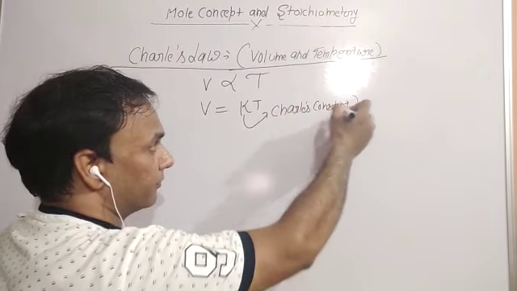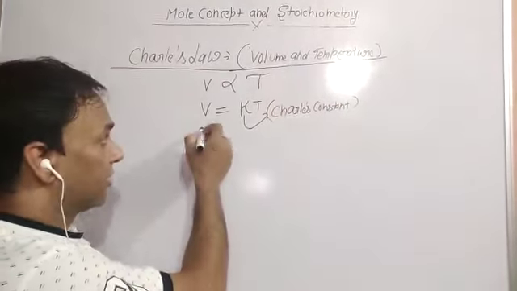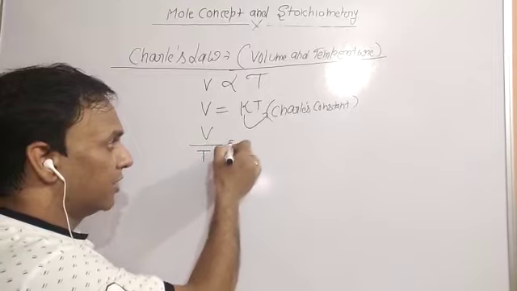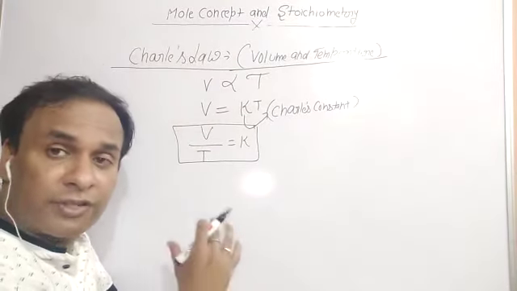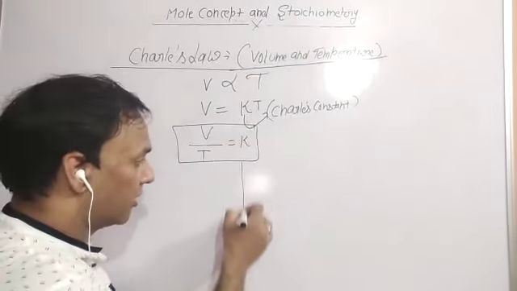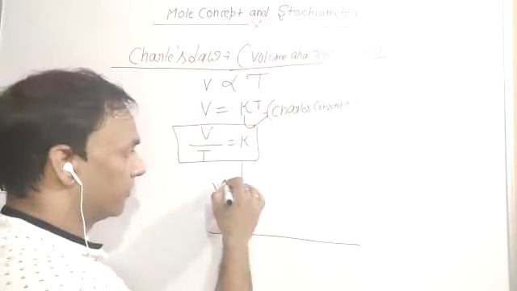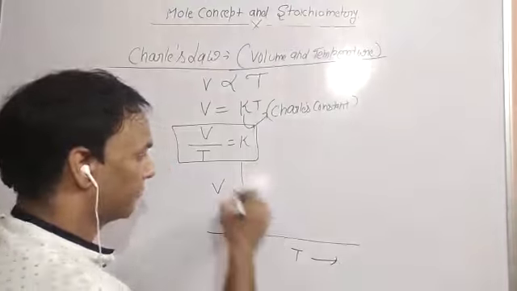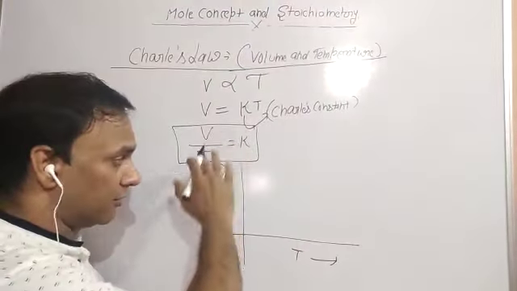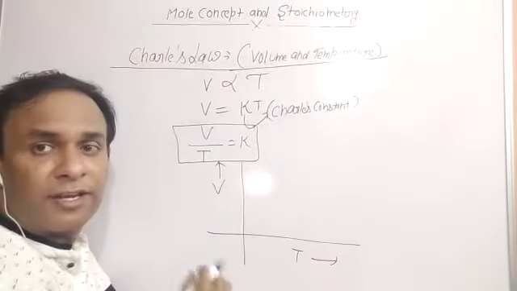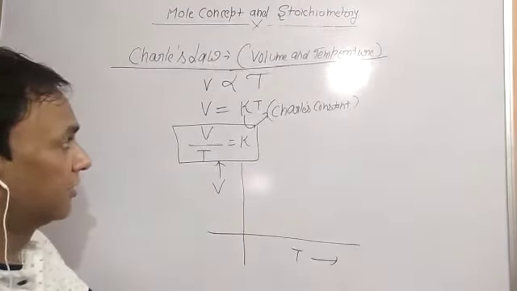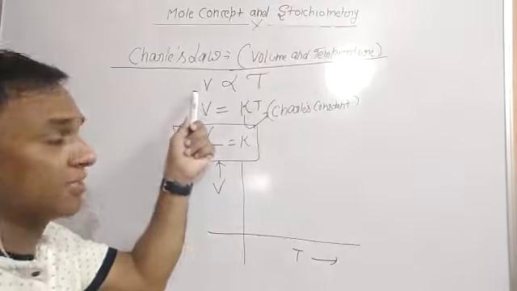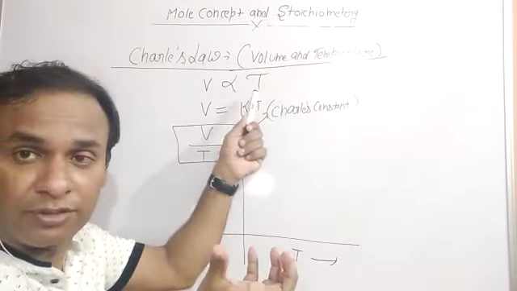That means the ratio of volume and absolute temperature remains constant. Clear? With the help of a graph, when we plot the graph between volume and temperature, when the volume is increasing, temperature is also increasing.